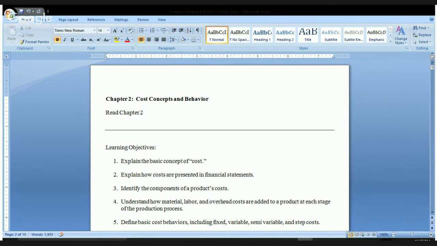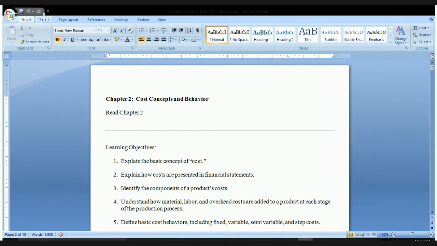Now, direct costs are costs that can easily be traced to a particular object. So for a vehicle, it would be like the tires on the car, or the steering wheel, something that I can physically trace back to a particular unit.